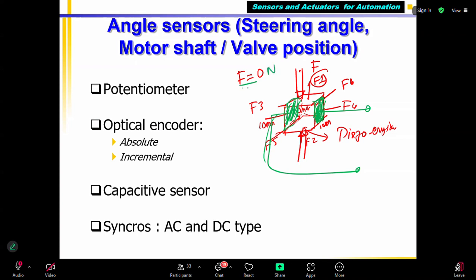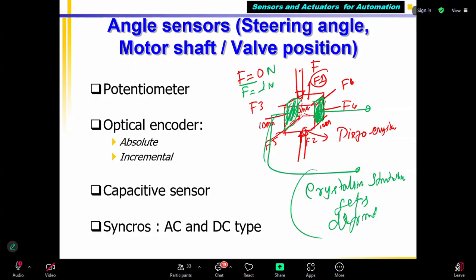Okay. Then I apply force equal to 1 Newton between these 2, top and bottom. What will happen when I apply? Due to this pressure, the crystalline structure of the piezo crystal gets deformed. That depends upon what force is applied.